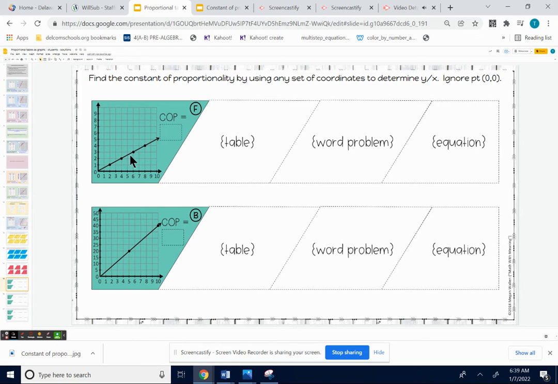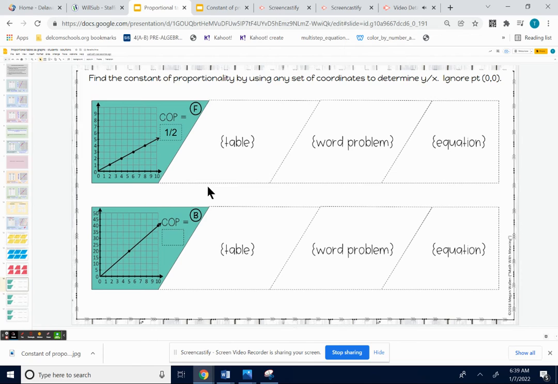Maybe I'm just picking a point here. Here's point (6, 3). So if I want to find the COP, I'm going to take the y coordinate 3, put it over the x coordinate 6, and I get 3/6. But that reduces to 1/2.